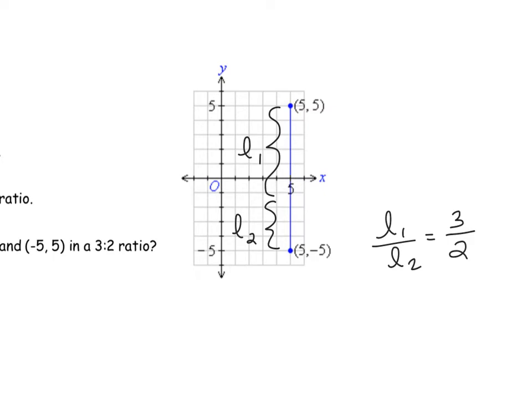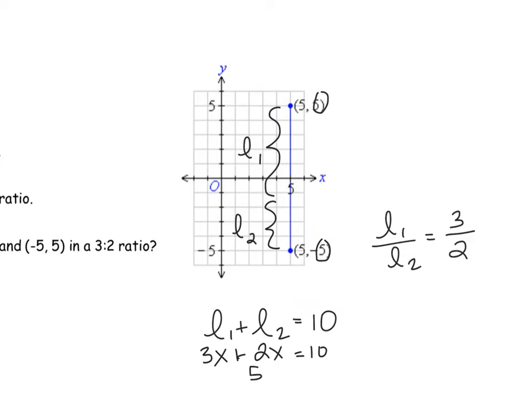There's lots of ways to approach this. Here's one thought. I know that L1 and L2 have to add to this distance between the y values here, since it's vertical, to 10. So if I know that L1 and L2 have to add to 10 and they have to be in a 3:2 ratio, then I can just replace L1 with 3x and L2 with 2x, and I can figure out what I'm going to have to scale that ratio up by.